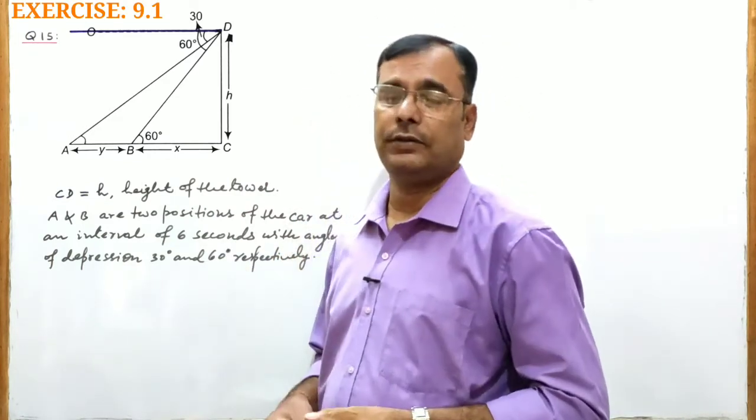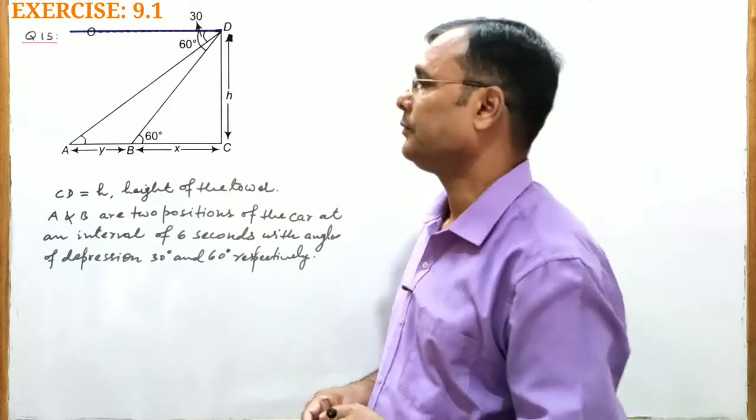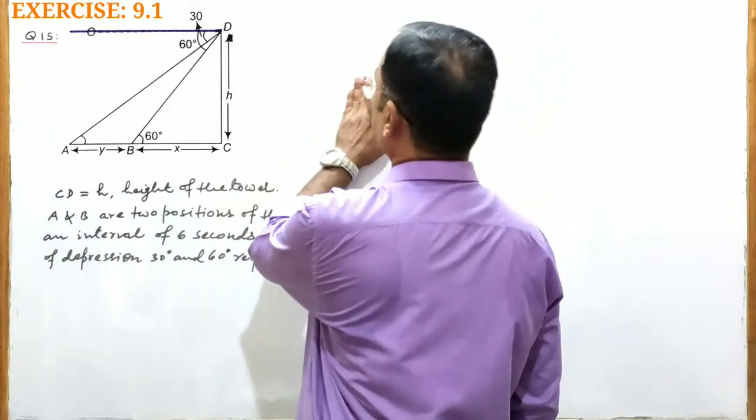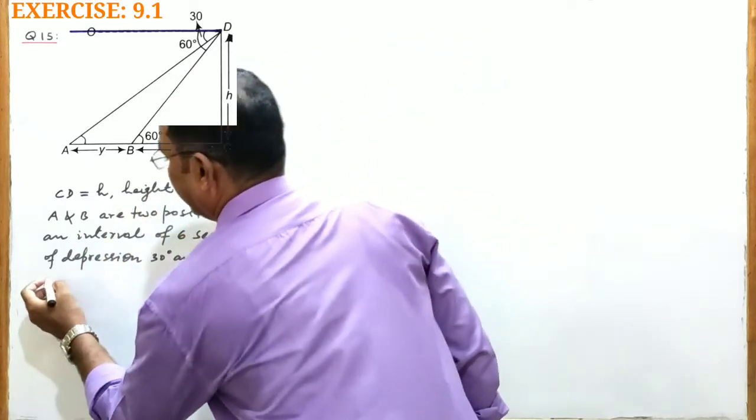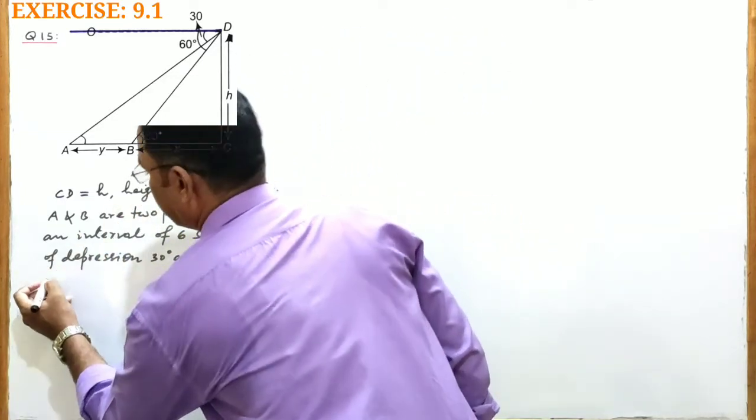Car is moving with a uniform speed. So let us suppose the uniform speed of the car be v meter per second.